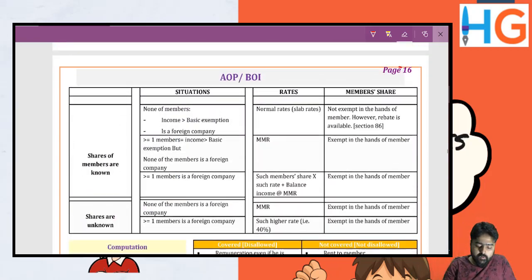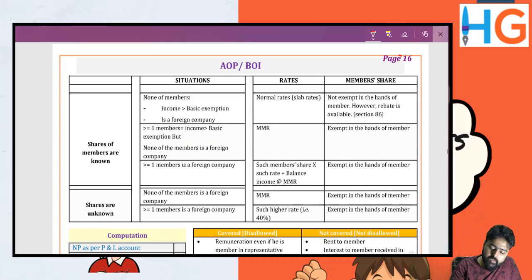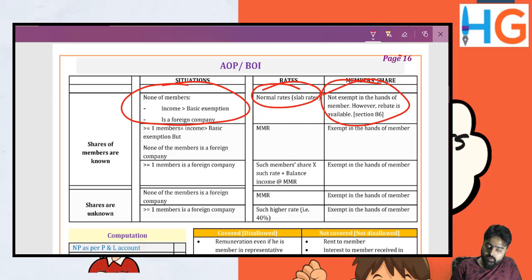So if none of the members has income more than the basic exemption, it will be taxable at normal rates to the AOP and will be exempt in the hands of the member. If one or more members' income is more than the basic exemption limit, it is taxable at MMR to the AOP, but exempt in the hands of the member.